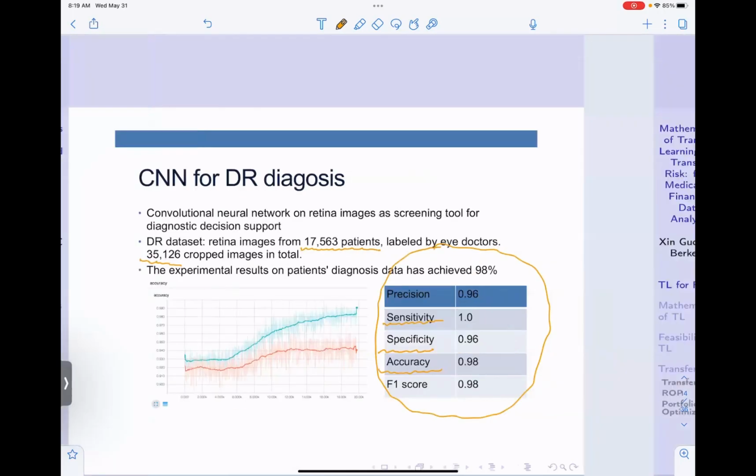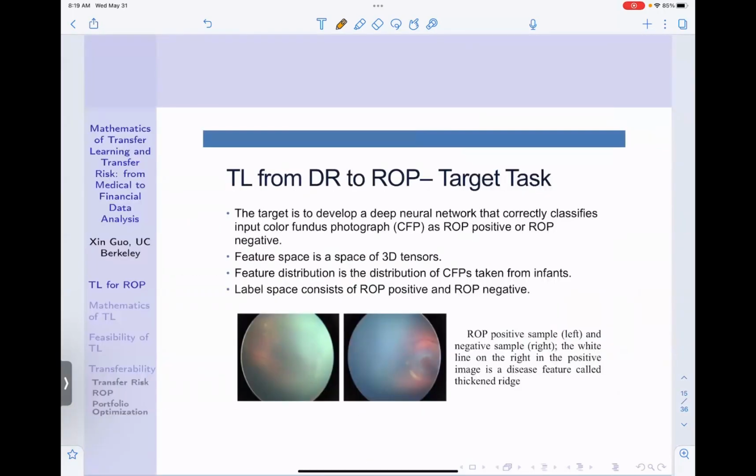Okay, and for us, the practice of moving from DR to ROP is of course similar. We have this retina image, which we call CFP.